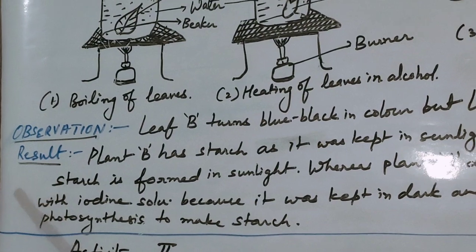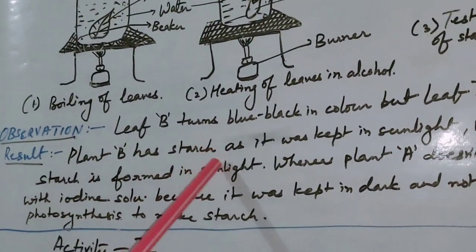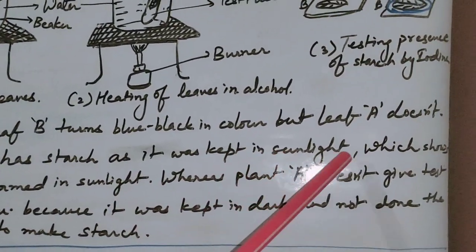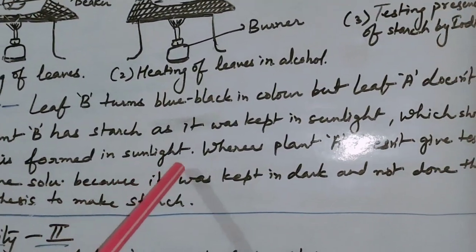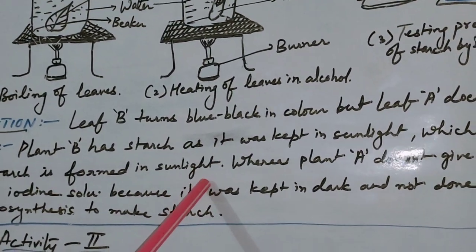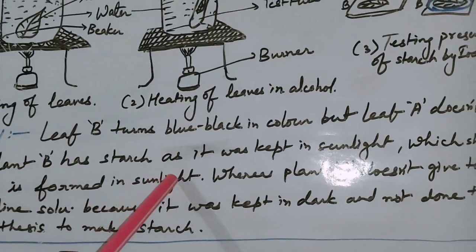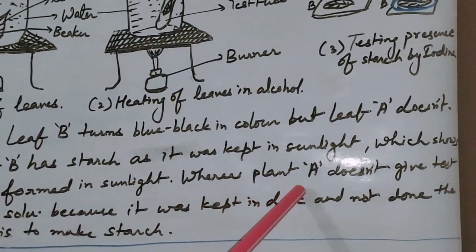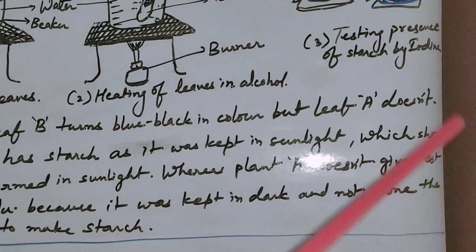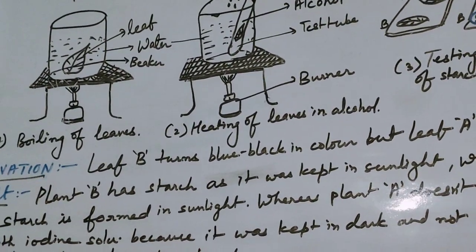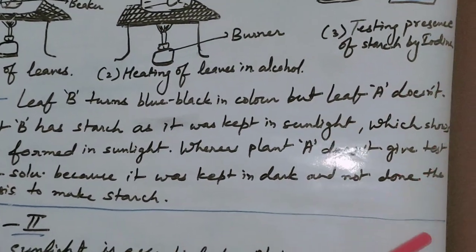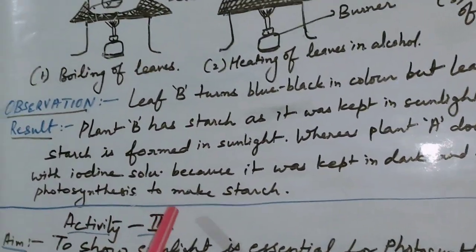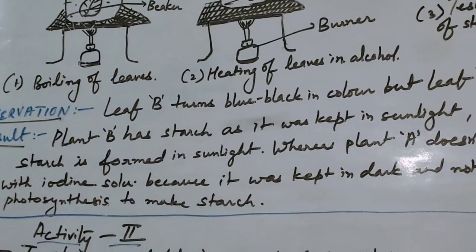As a result, plant B has starch and it was kept in sunlight, which shows that starch is formed only in the presence of sunlight. The process takes place in sunlight, whereas plant A does not give the test with iodine solution because it was kept in a dark place and did not do the process of photosynthesis to make starch.